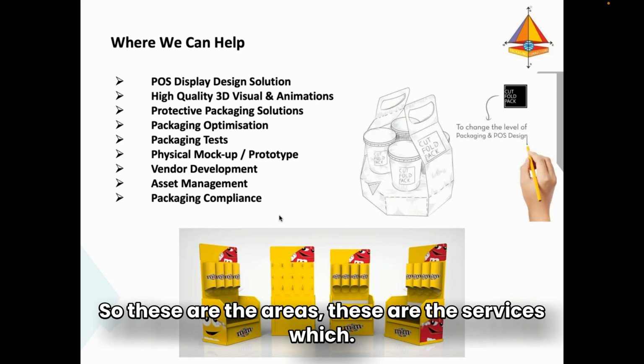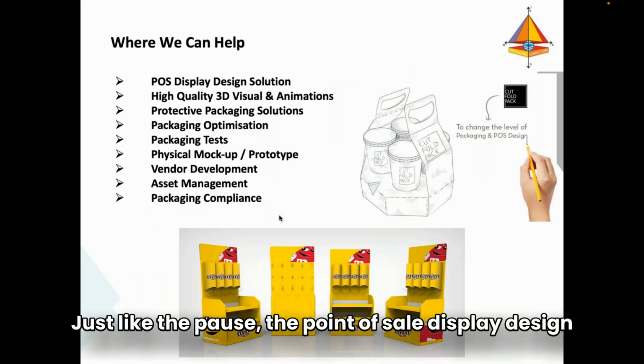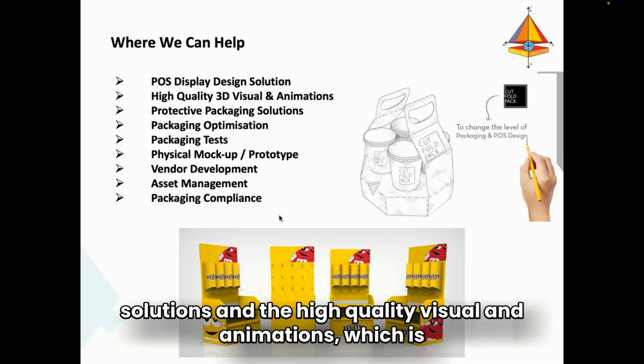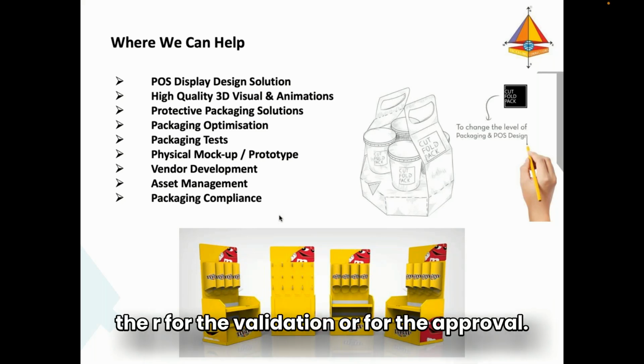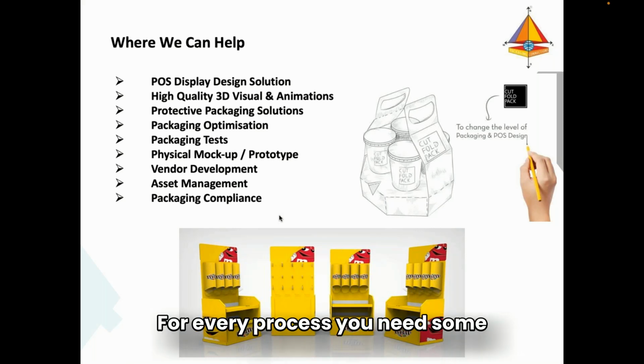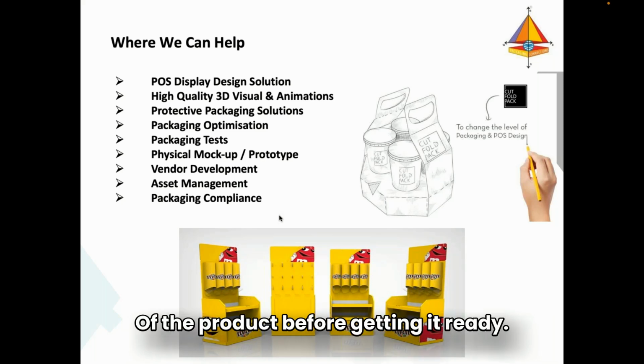These are our services in which we can help you, like POS, point of sale display design solutions, and high quality visuals and animations, which are a need of the hour for validation or approval of every process. You need a prototype and a visual of the product before getting it ready.